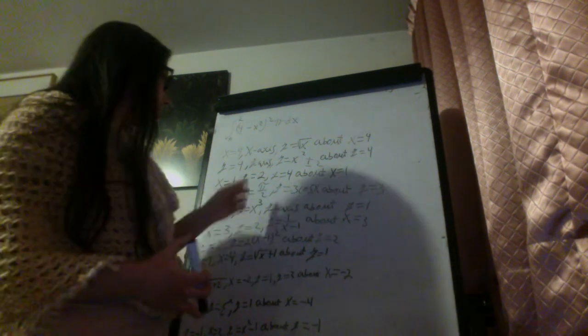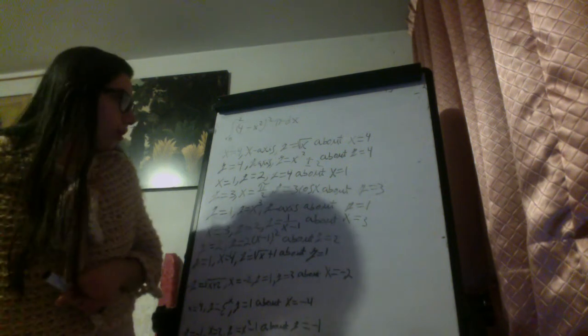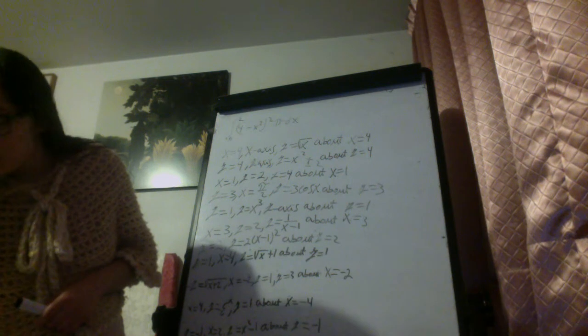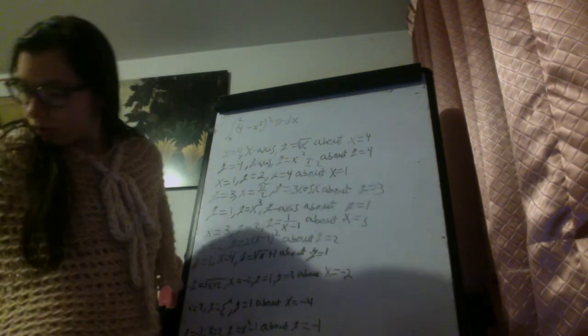Let me check this problem. I think that I forgot to put the function x equals 1, y equals 2. If not, I will leave that for the end. Let me put a mark here.